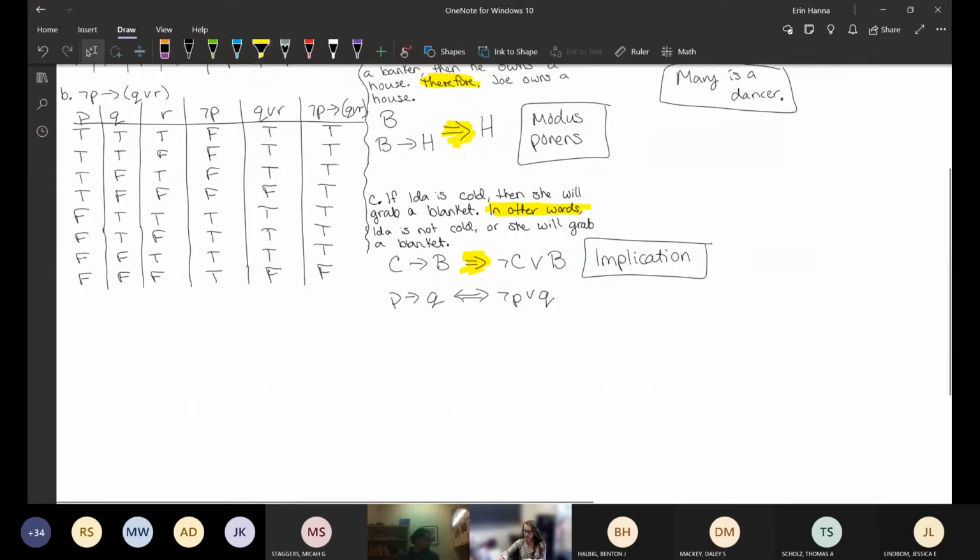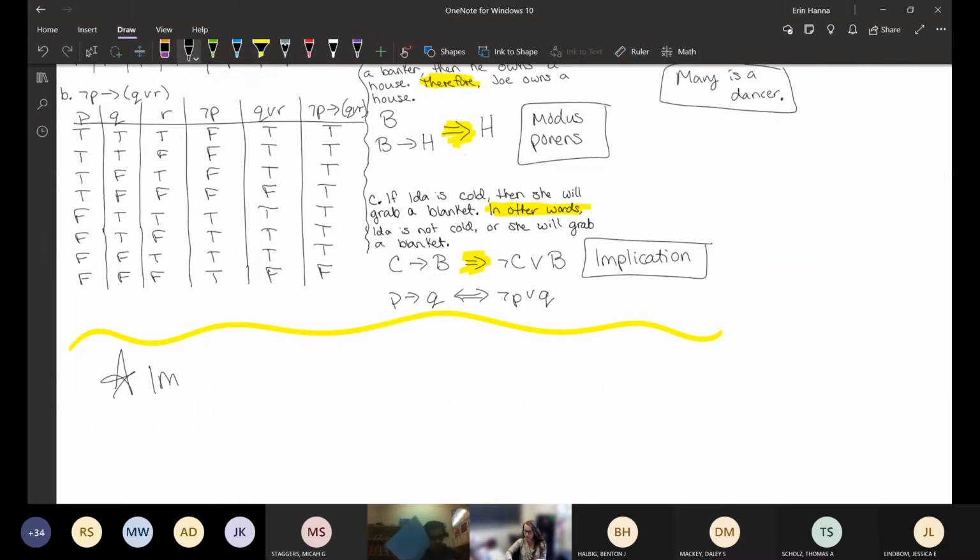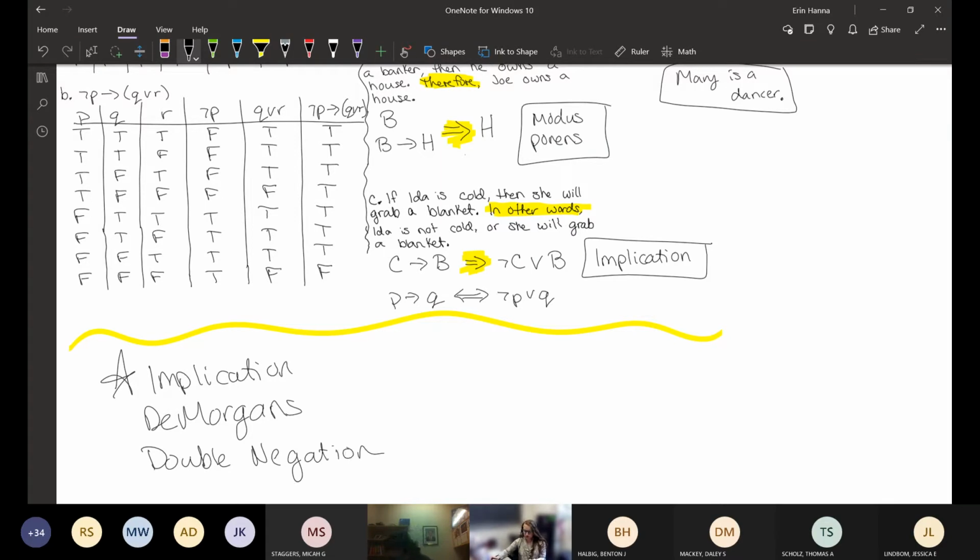The ones that you're going to be using a ton that you would probably want to be comfortable with are implication, De Morgan's, and double negation. Honestly, those three, I would try to commit to memory. You don't have to, but I would suggest it because they're used so often.